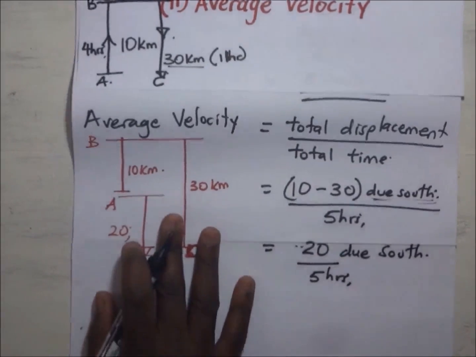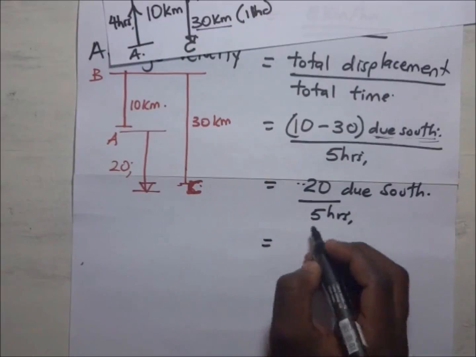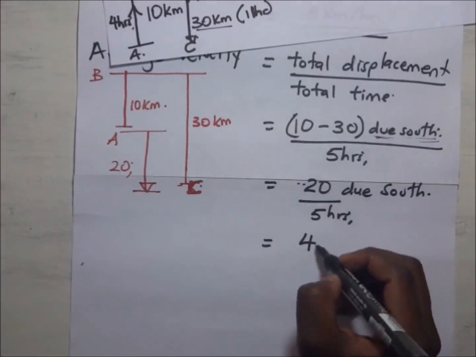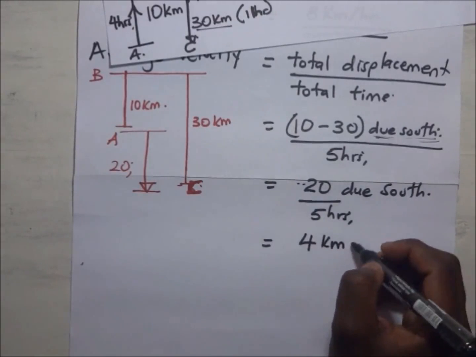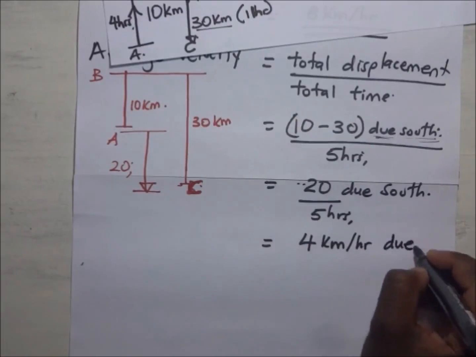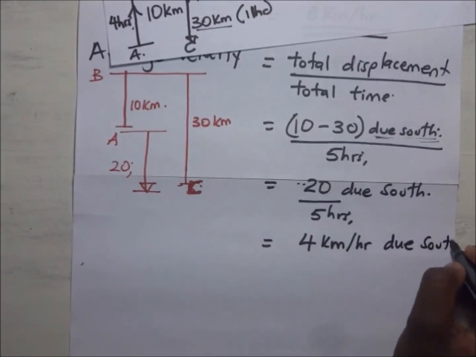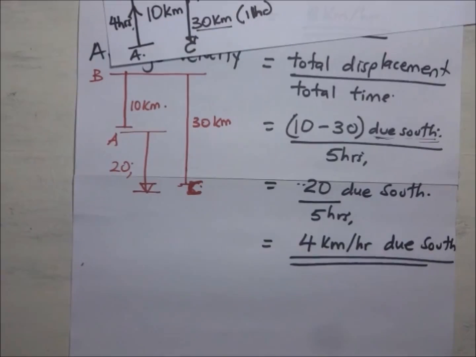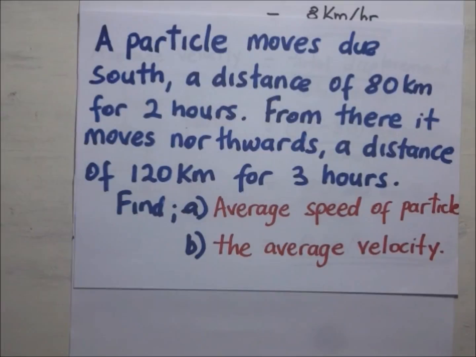And of course, 20 divided by 5 is 4 kilometers per hour due south. And definitely this is the average velocity of the body. Now you could go ahead and try out that number on your screen.